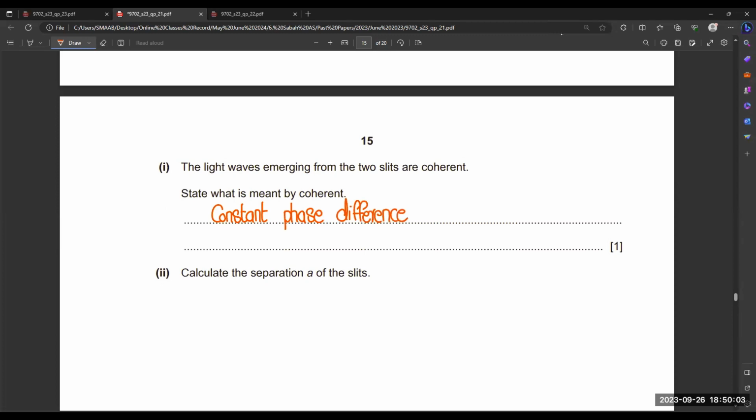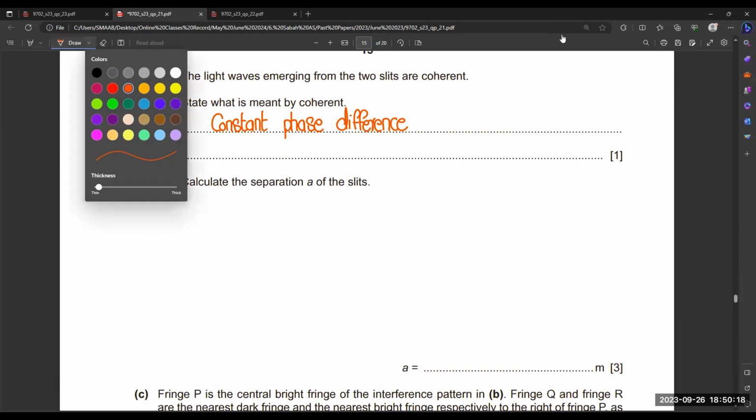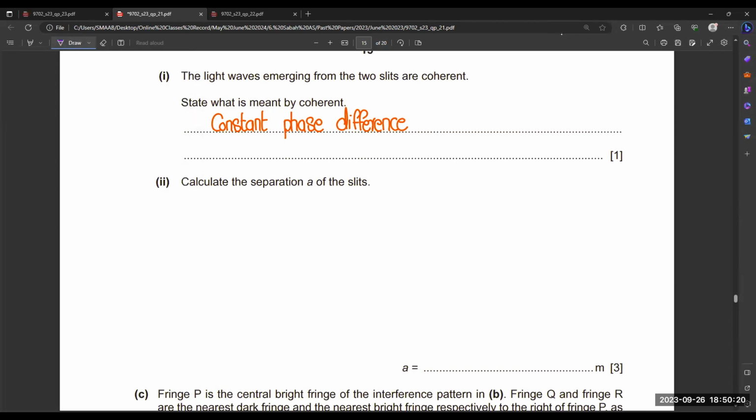When we have a constant phase difference, that term is known as coherent. And secondly, we're talking about the separation of the slits. So we have to calculate the separation of the slits, right? What is the formula if you remember? It's going to be lambda equals ax divided by D.